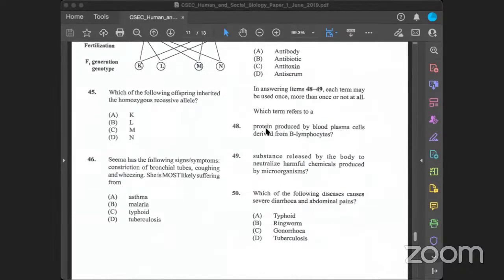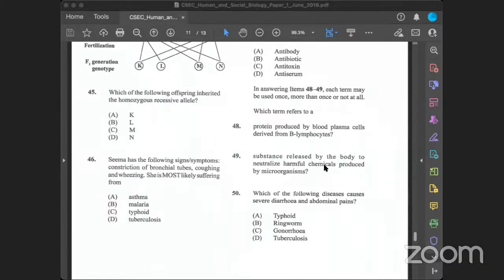So protein produced by blood plasma cells derived from B lymphocytes. What's that? Fancy words for antibodies. Substance released by the body to neutralize harmful chemical produced by microorganism.